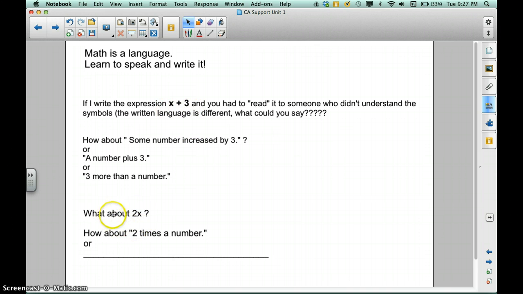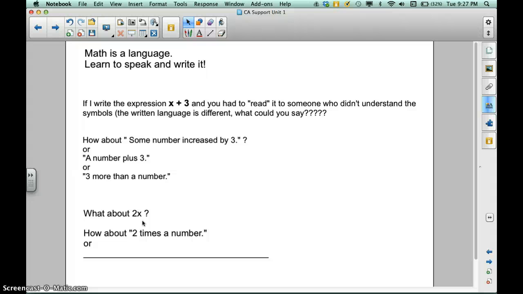All right, so what about 2x? I hope you know that when there's a number right in front of a variable without any math operation symbol like add, subtract, multiply, or divide there, it's understood to be multiplication, always. And if you don't know that, now you do. A number directly next to a letter, a variable, means it's being multiplied.